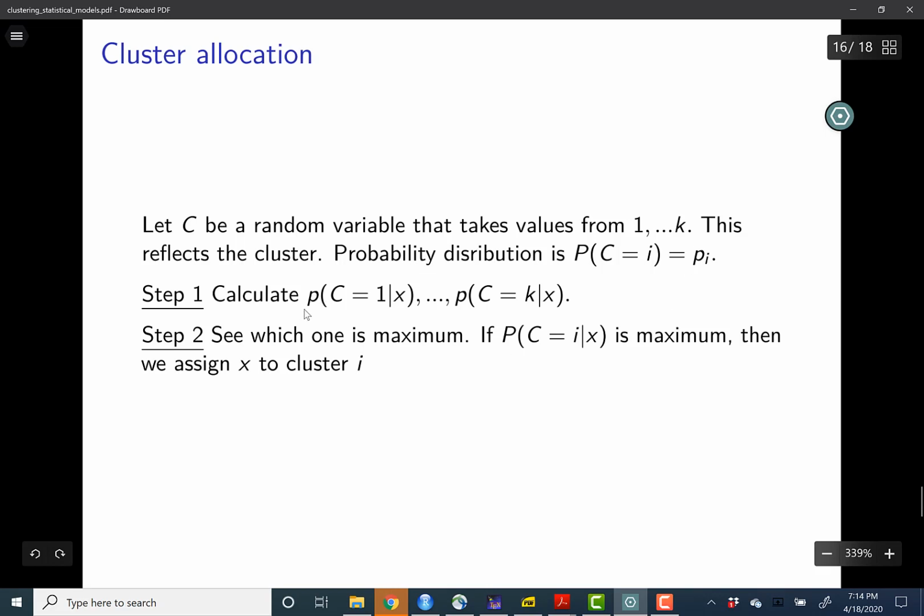In step 1, we calculate all of these conditional probabilities: the probability that C is equal to 1 given X, and so on till C is equal to k given X. Then we see which of these numbers is the maximum. If for some particular i the probability that C is equal to i is the maximum, then we assign X to the ith cluster. So step 1, calculate these conditional probabilities. Step 2, see which is the maximum and then make the allocation. So how do we calculate these probabilities?